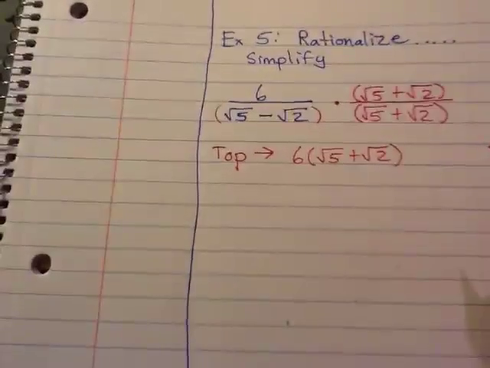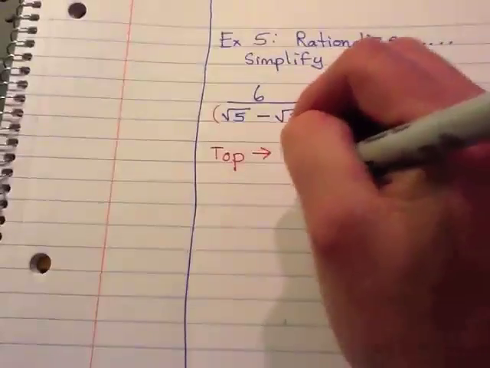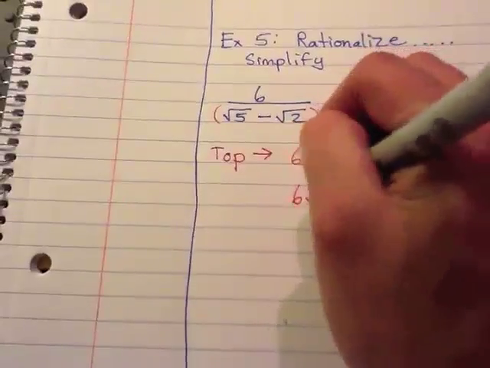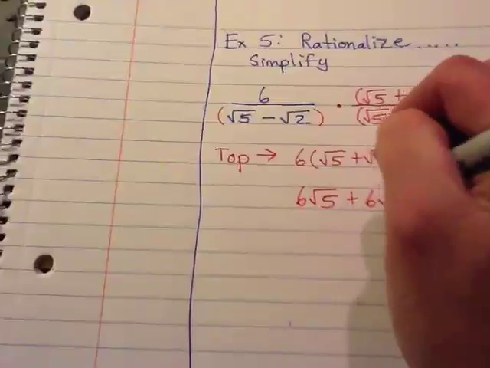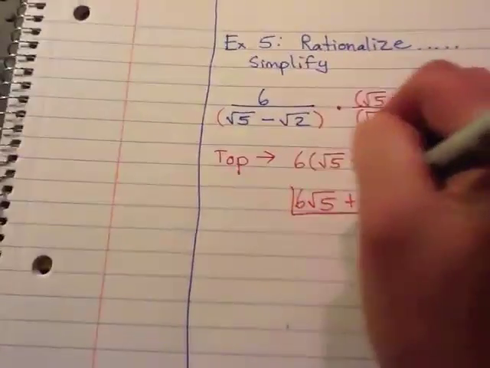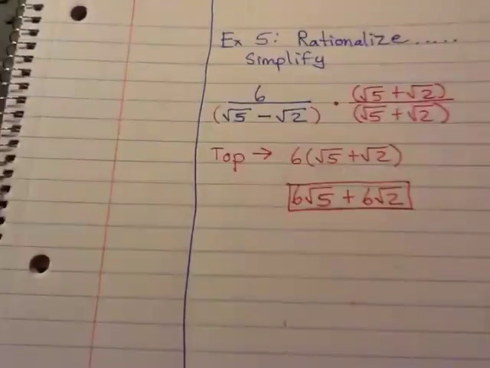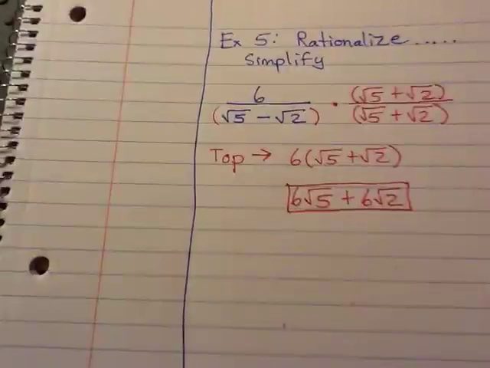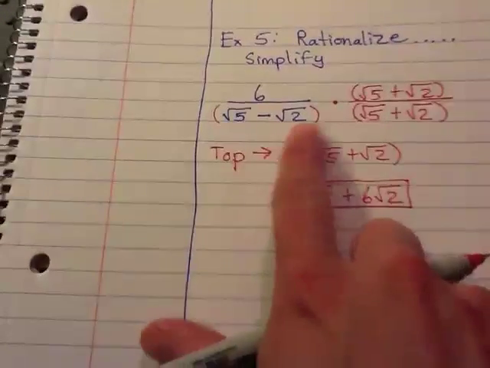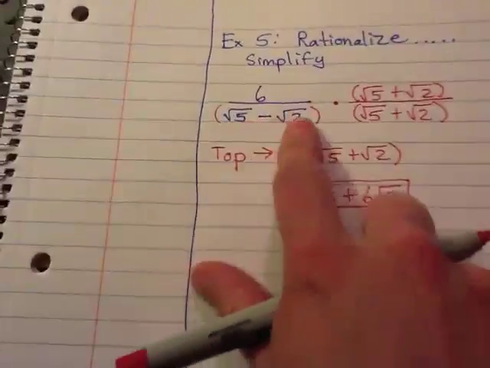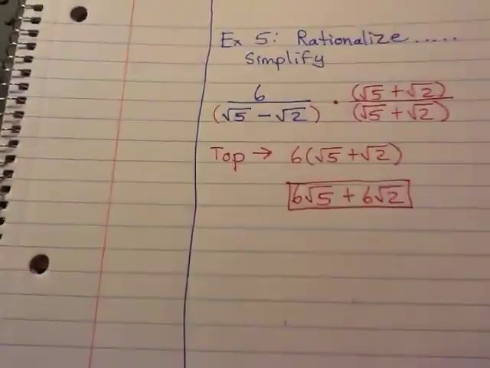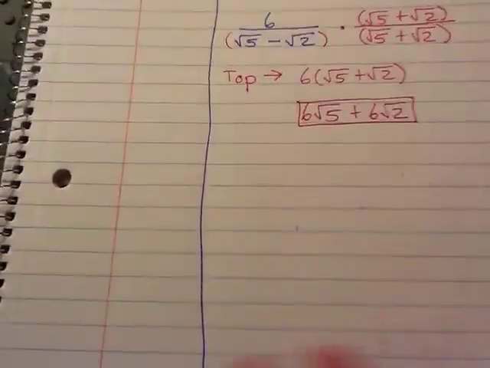So you're going to distribute and you get 6 square root 5 plus 6 square root 2. So that is your numerator for your new problem. Not that hard yet, right? So again, all we did was multiply by the opposite sign there. Same exact thing, opposite sign. So now you should see why it works.